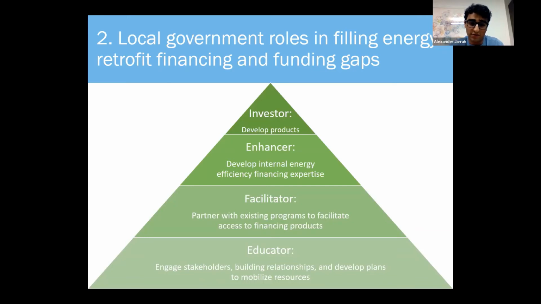Above that, we have a facilitator role, which partners with existing programs to help facilitate access to those financing products. Above that, we have the enhancer. They develop internal energy efficiency financing expertise. And the highest role we identified is the investor, which develops products. An example of an investor role would be a local housing trust fund.